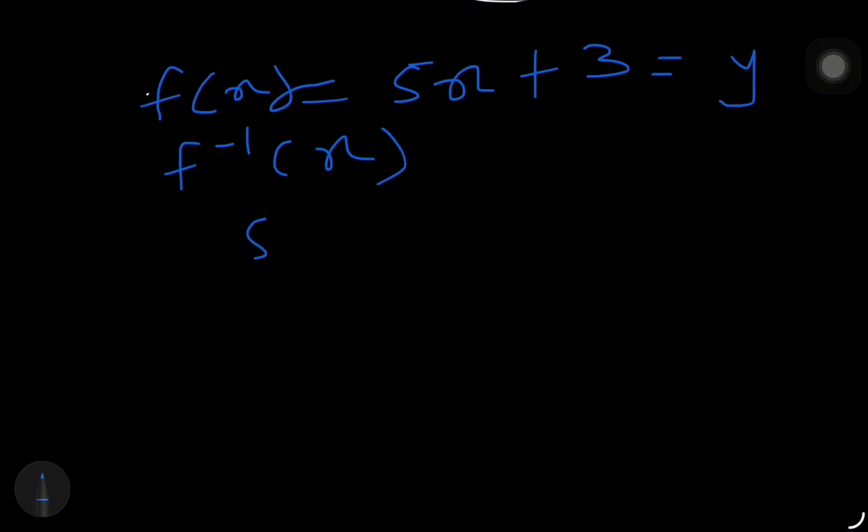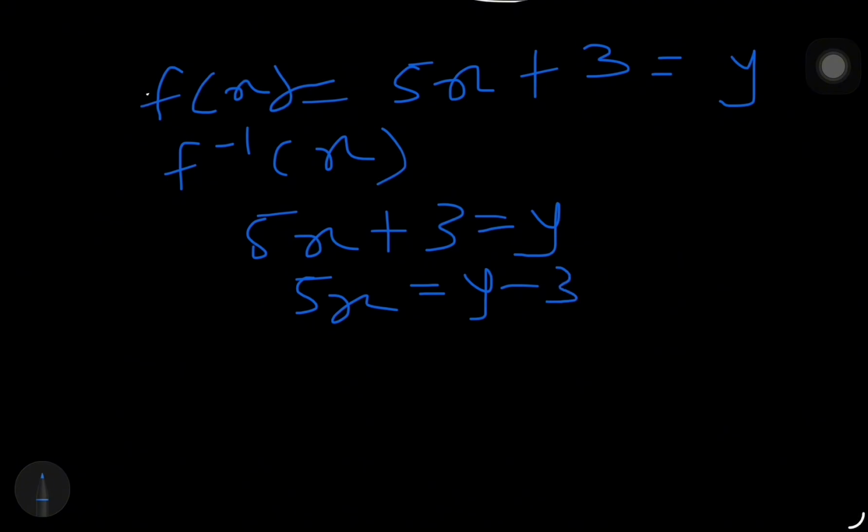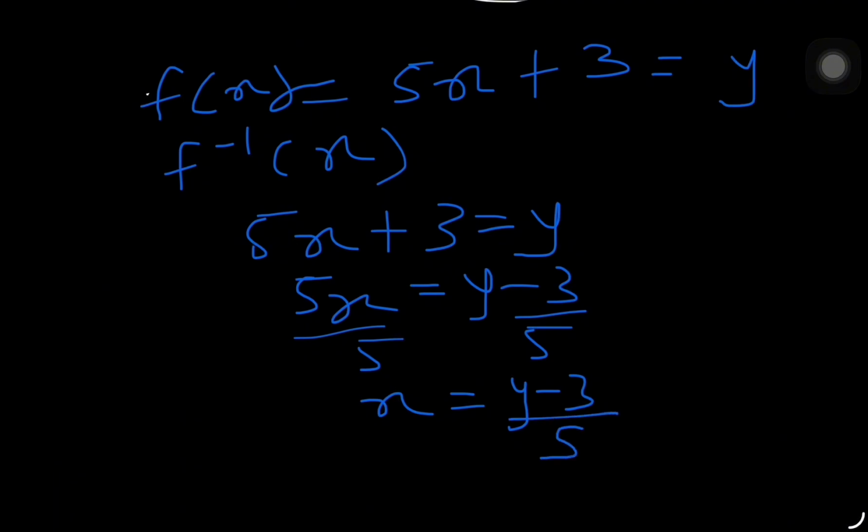For example, if I'm given f of x equals 5x plus 3, and I'm to find f inverse of x, I equate this to y, so that I get 5x plus 3 equals y, and I make x the subject: 5x equals y minus 3, divided by 5. x is now equal to y minus 3 all over 5.